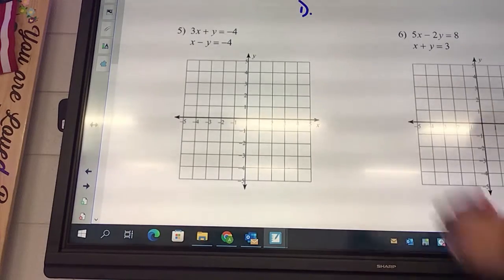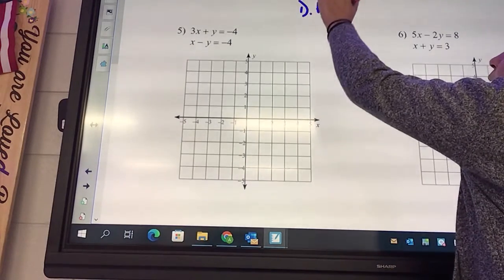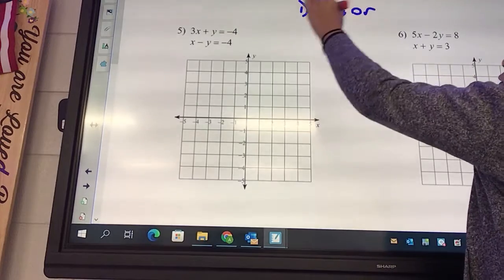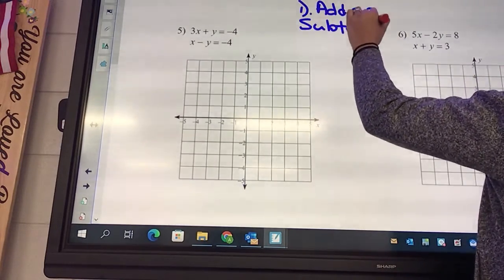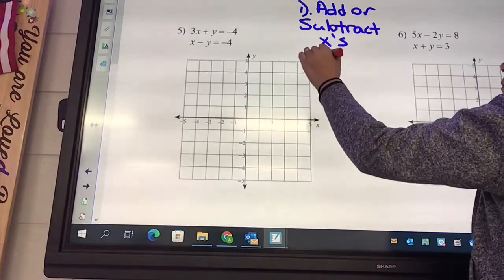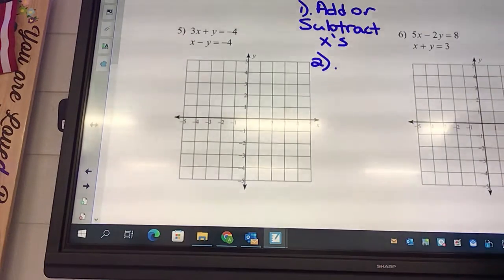Okay, you're always going to add or subtract the x's. Every single time, you're gonna add or subtract the x's.